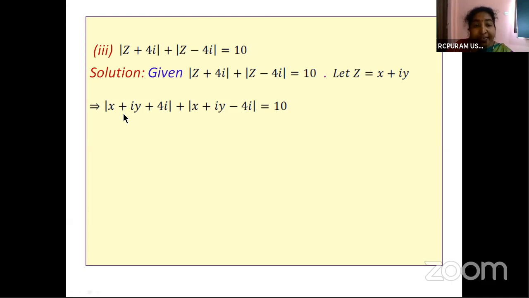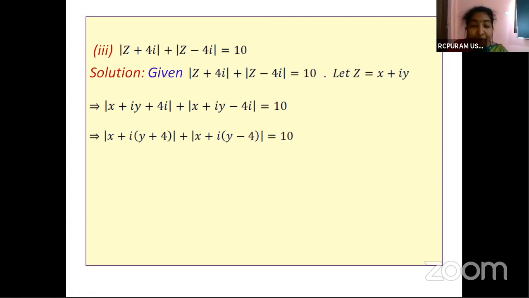We will have mod of x plus iy plus 4i plus mod of x plus iy minus 4i is equal to 10. Then we will rearrange the real part and the imaginary part. So you will have mod of x plus i into y plus 4 plus mod of x plus i into y minus 4 is equal to 10.